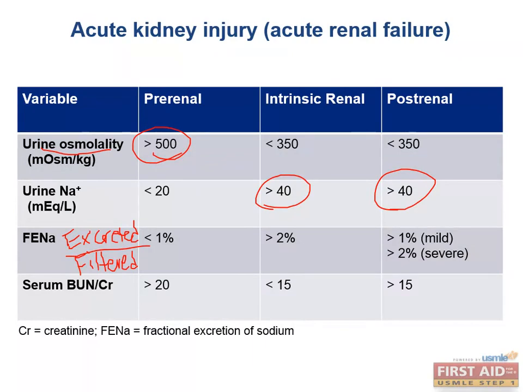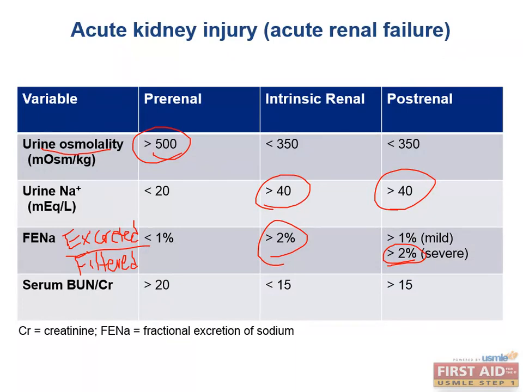So let me ask a question. An abnormally high fractional excretion of sodium, such as greater than 2%, means what exactly? It means that the sodium is being filtered through the glomerulus, but it's not being reabsorbed properly by the tubules. So that means there's a problem intrinsic to the kidneys, or it can be a severe case of postrenal failure.